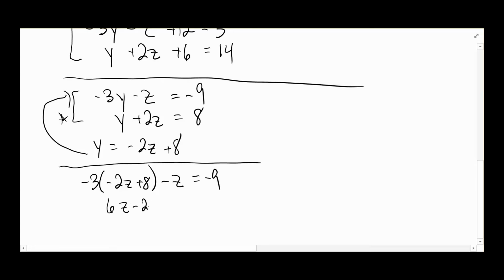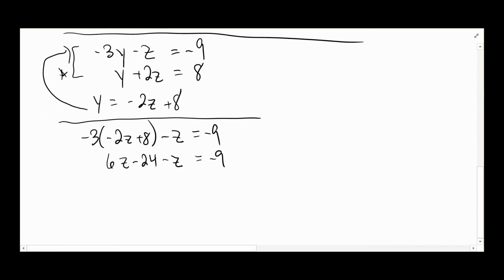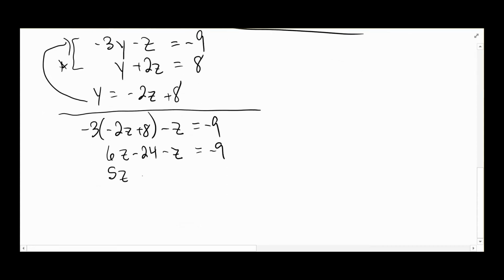Distribute. Combine like terms gets us 5z minus 24 equals negative 9. Add the 24 to the other side. That's going to get us 15. Divide by 5, z equals 3.